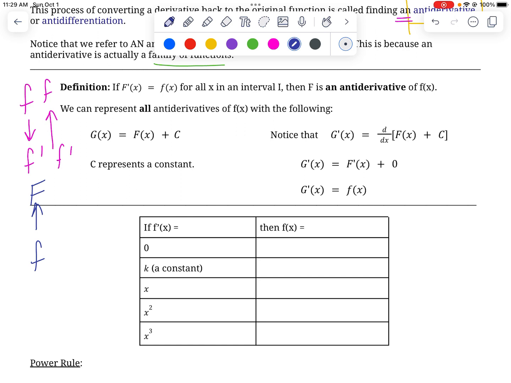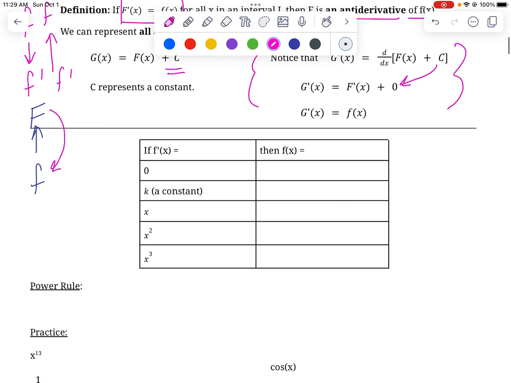What they're saying here is that capital F is an antiderivative of lowercase f if taking the derivative of capital F leads you to lowercase f. They point out that, because of what I was saying earlier, this plus c can be any constant. This part over here just explains that the derivative of a constant is 0, and that's why.